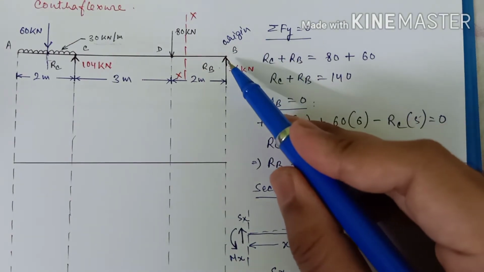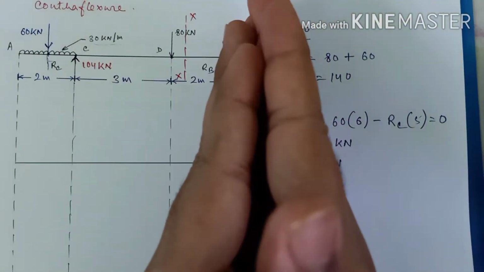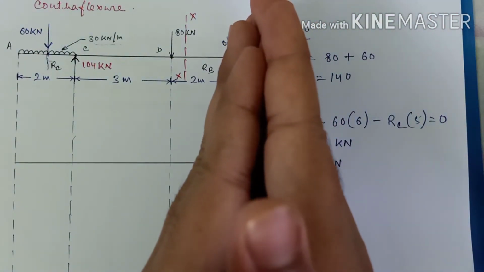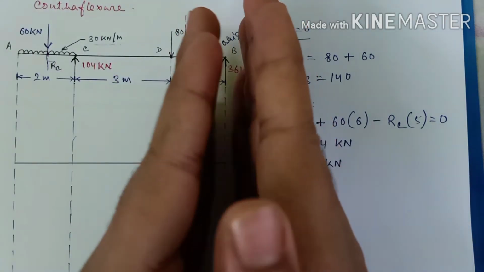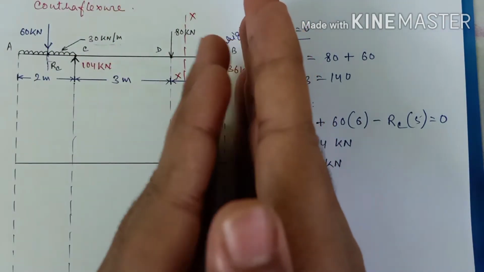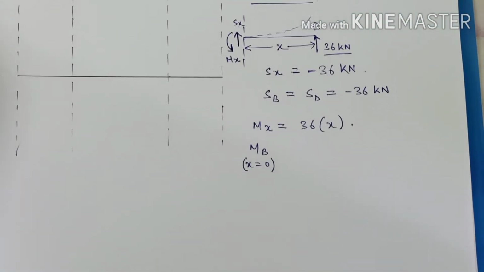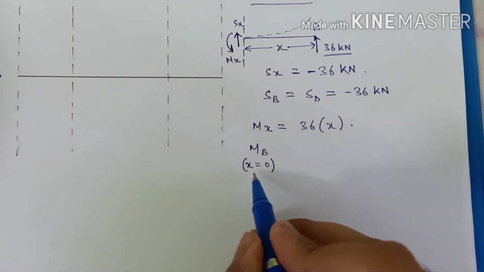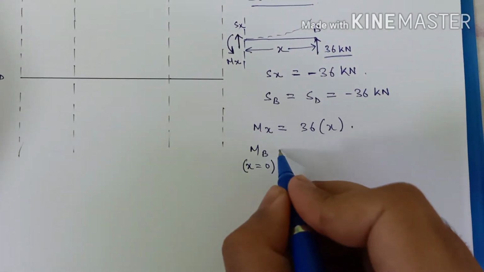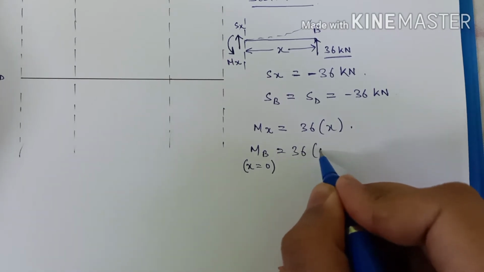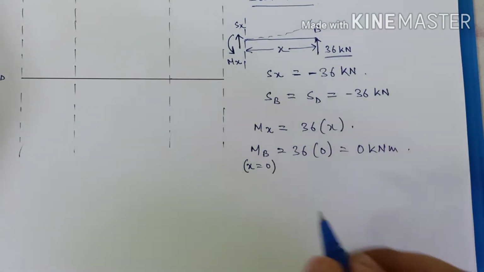If you just compress this beam, the value of X will be 0. Then as you gradually expand the beam, the value of X will be increasing. So for moment about point B, the value of X will be 0. Just put 0 over here, that is 36 multiplied with 0, it will give you 0 kilonewton meter.